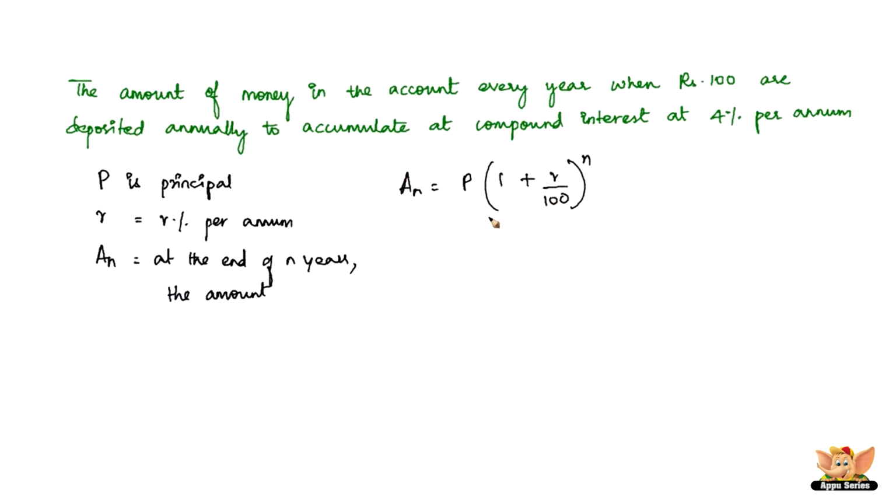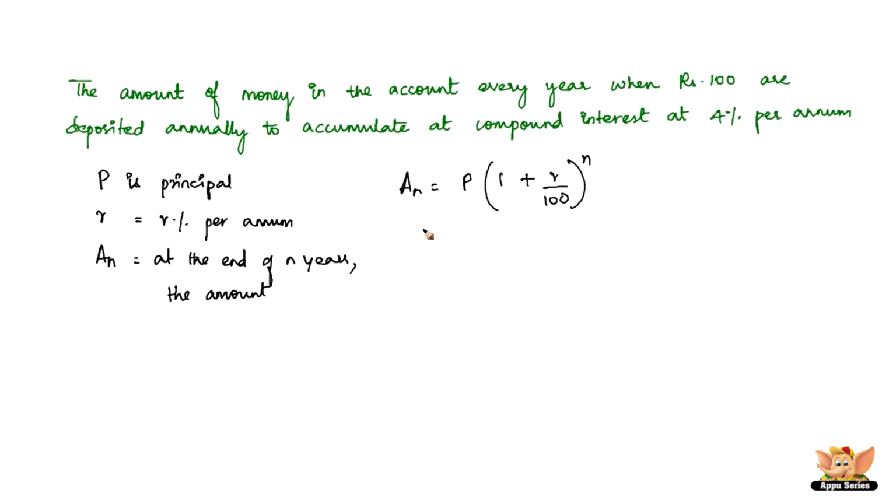This is how you calculate the total amount at the end of however many years, compounded annually. What is given here is that the rate of interest is 4% per annum. And for time, we can just go on and see if it forms an arithmetic progression. We can stop at some point.